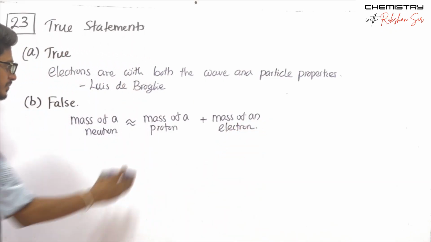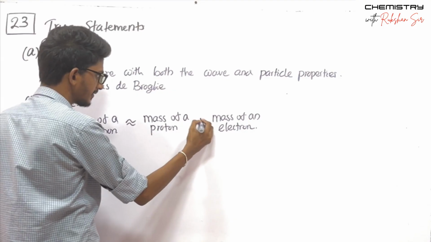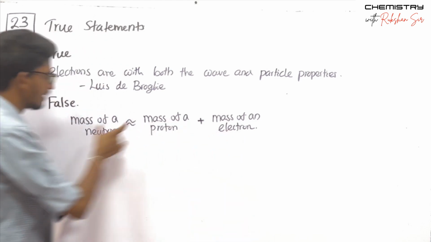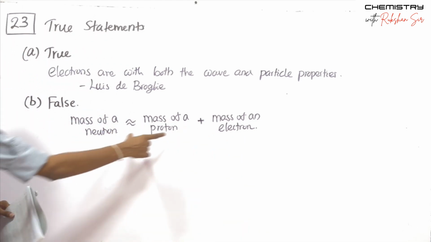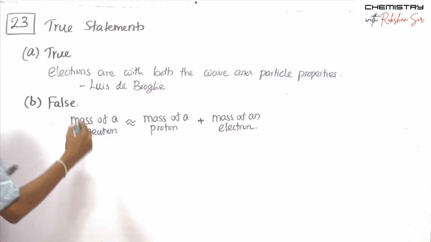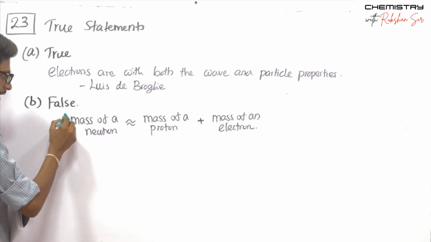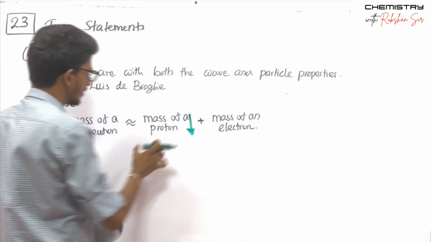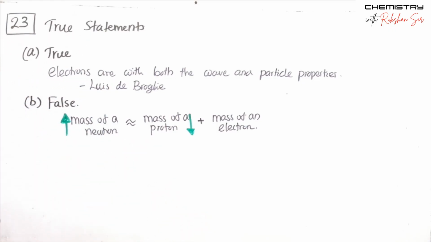So to the mass of a proton, we have to add some smaller value to come up with the mass of a neutron. So the mass of a neutron is greater than the mass of a proton. So the statement is false. What they are saying is the other way around.